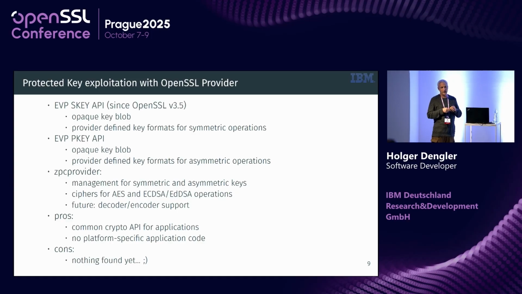There as well we have opaque key blobs, so the key can be whatever the provider defines, and it can have attributes, different key formats, raw key formats, and so on. With the EVP-S key API we now have the same for symmetric operations, and that's a very good thing.